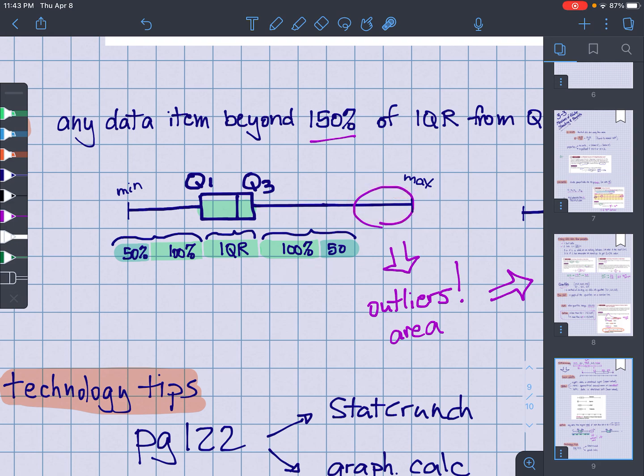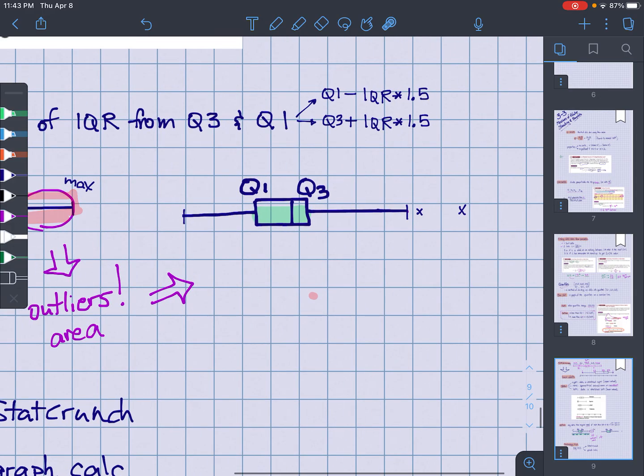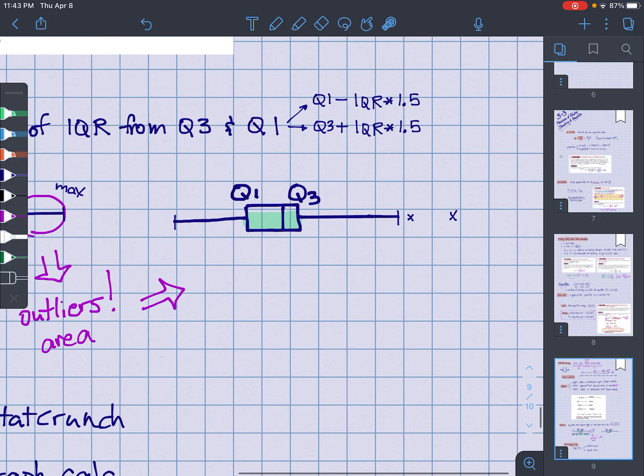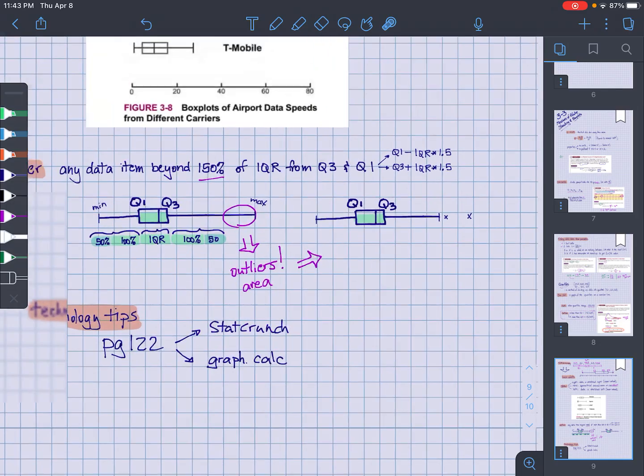Because it's 150% beyond that IQR distance. So the graph then is not going to include the max because these are so odd. So what we do is we take our graph and we cut it off here, right? We cut it off there. And then we just put little X's out there. And that's going to represent those outliers.